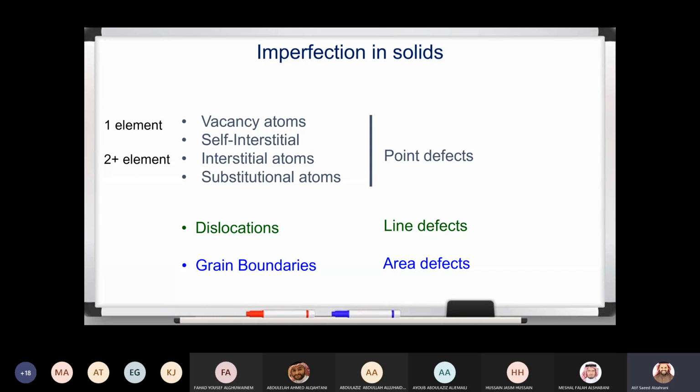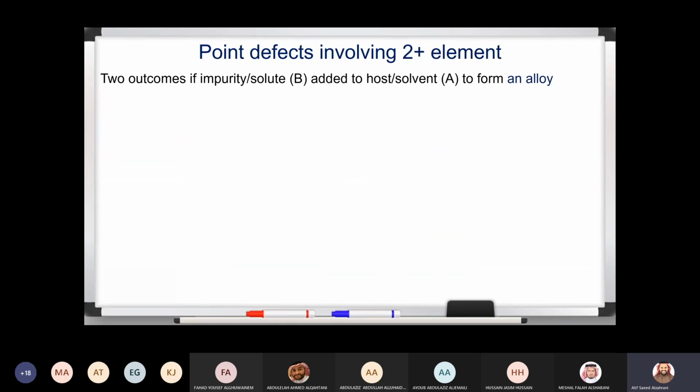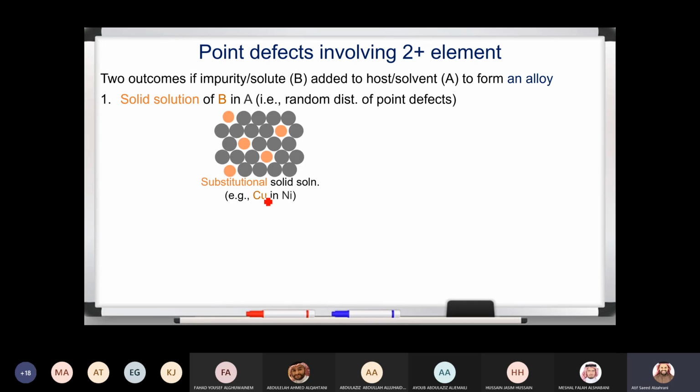So then we talked about having two or more elements. Then we said that there are two outcomes. One is, if you add B into A, you can have a solid solution, because basically we have a random distribution of B in A, and the B can exist as a substitutional solid solution, meaning that if you add B, you will substitute A with B, like copper and nickel.